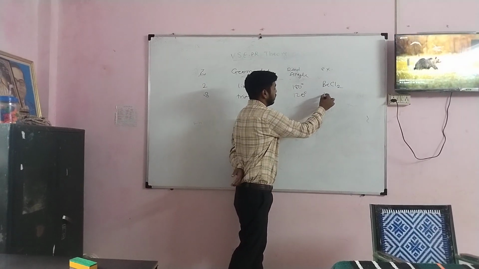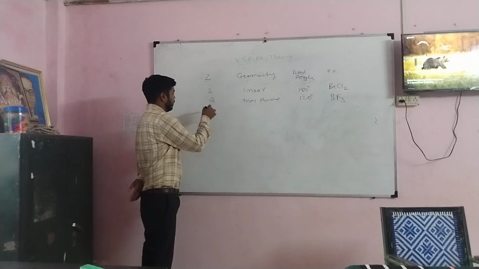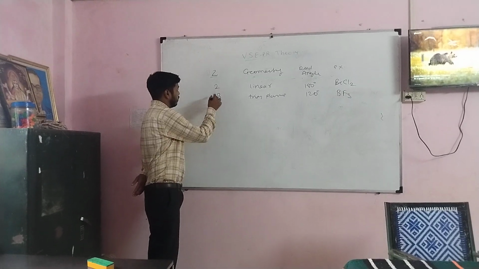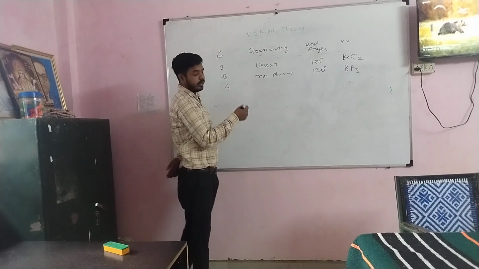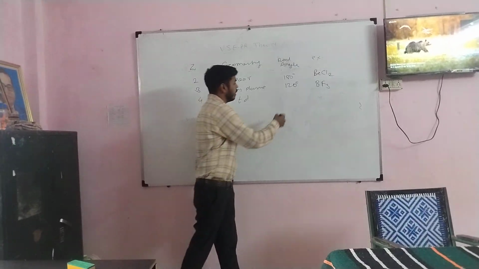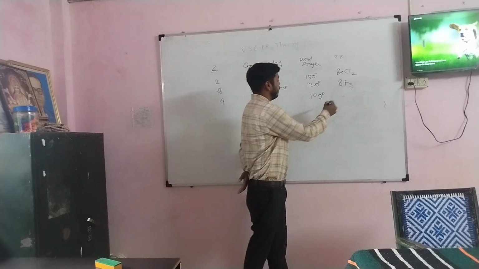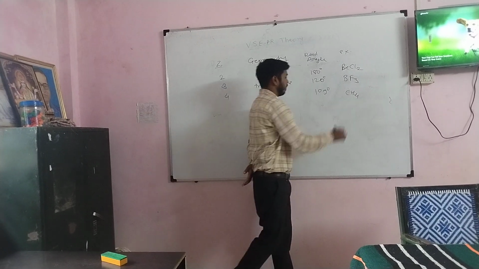An example is BF3. Similarly, if the value of Z is 4, then the geometry is tetrahedral and the bond angle between the electron pairs is approximately 109 degrees, and the example is CH4.